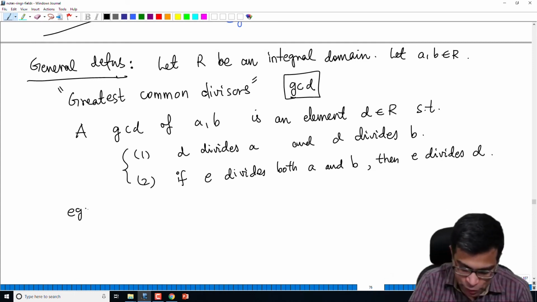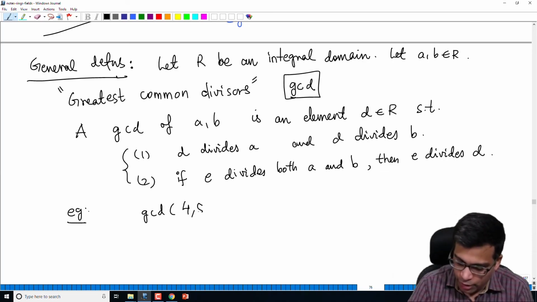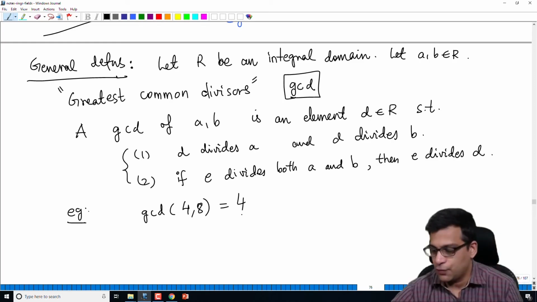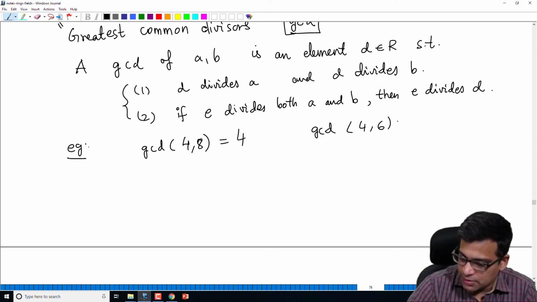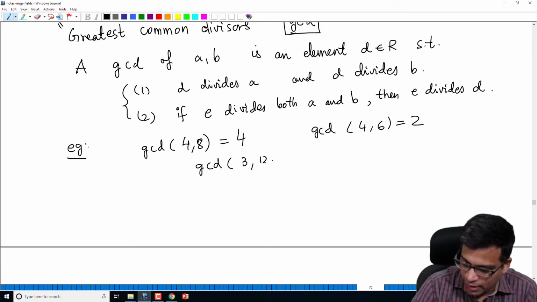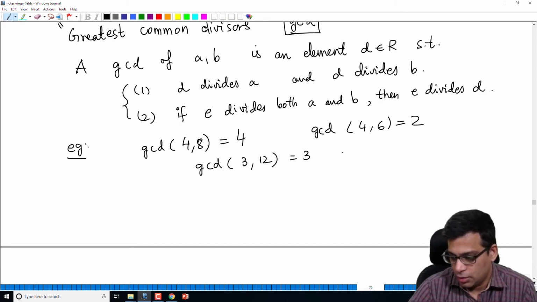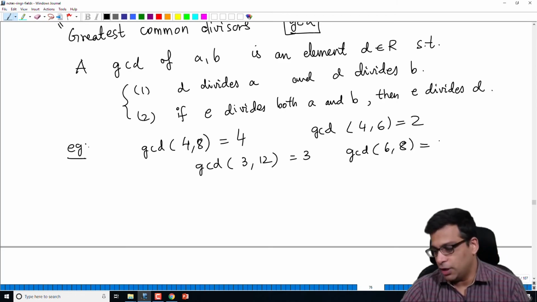So the standard examples, remember: if you check GCD of 4 and 8, then of course it's 4. GCD of 4 and 6 will be 2. GCD of 3 and, let's say, 12 is 3. GCD of 6 and 8 will be 2, and so on.